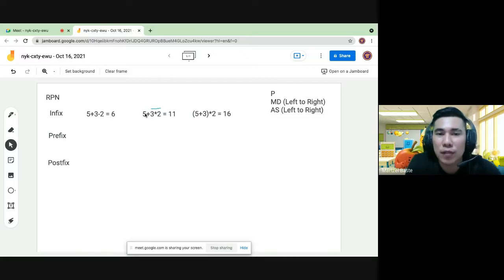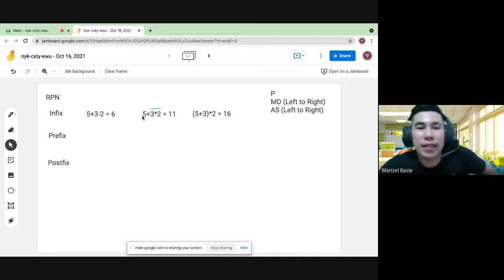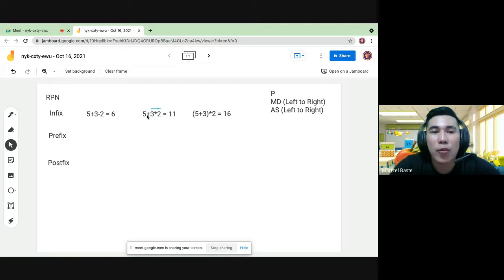In terms of expressions like this, the computer has difficulty understanding, because a computer only follows what it is instructed to do. Right? So how would we tell the computer to do the multiplication before adding?